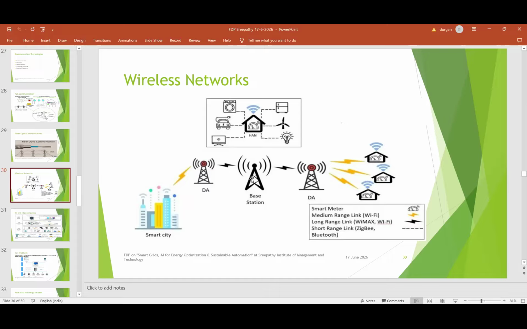So the base station is a main server, or it acts as a communication hub. It collects data from different devices and sensors, and it can be transmitted via distribution automation sensors, otherwise distribution substations.